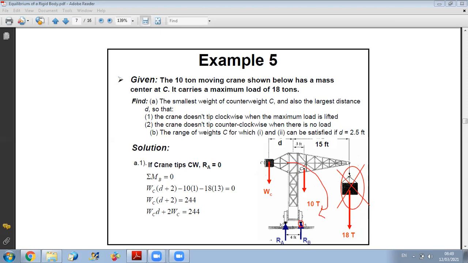To avoid this, to avoid losing contact with A and tipping over B, I will put a counterweight. Okay? So when I design the counterweight, I should design it in a way to prevent tipping over when I have zero load. And the other purpose of it is the second extreme case, when I have a maximum load.